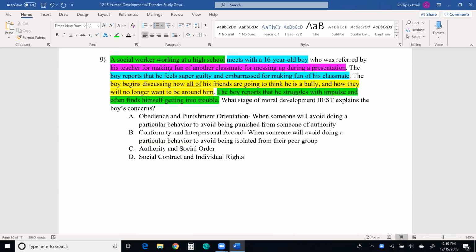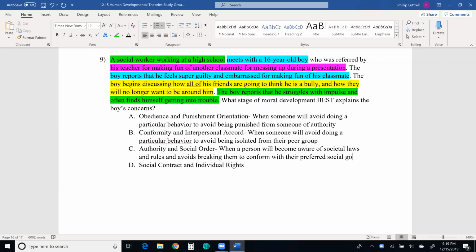Authority and social order is when a person becomes aware of societal laws and rules and avoids breaking them to conform with their preferred social group.